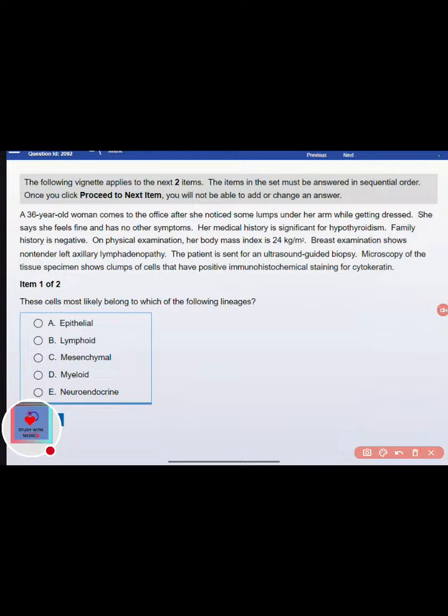A 36-year-old woman comes to the office after she notices a lump under her arm while getting dressed. She feels fine and has no other symptoms. Significant medical history is hypothyroidism, family history negative. Physical examination: body mass index 24.